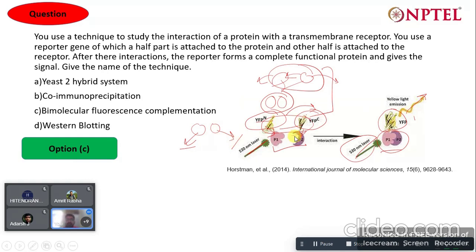Okay, but here the reporter gene itself is distributed among those. So directly the signal is visible after the proteins interact. But in case of yeast two-hybrid system, if the proteins interact, then the reporter gene is synthesized. Okay, so this is the basic difference between yeast two-hybrid system and biomolecular fluorescence complementation.